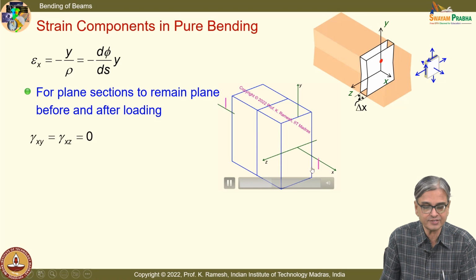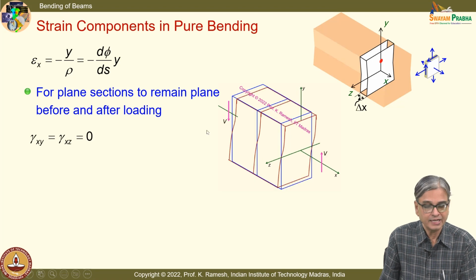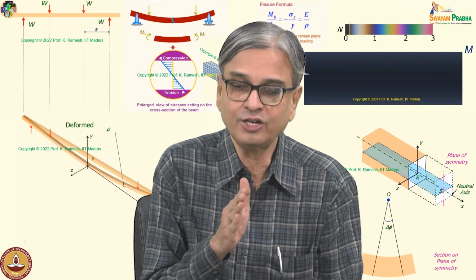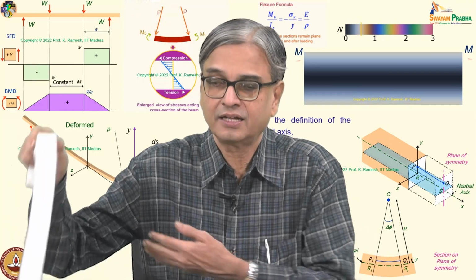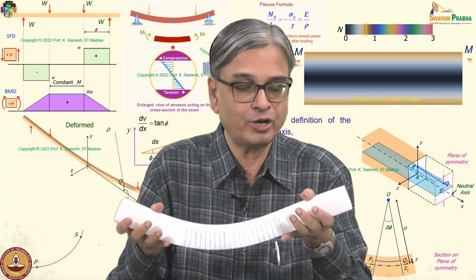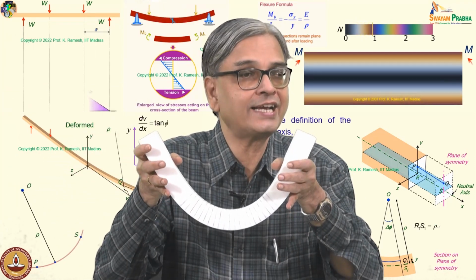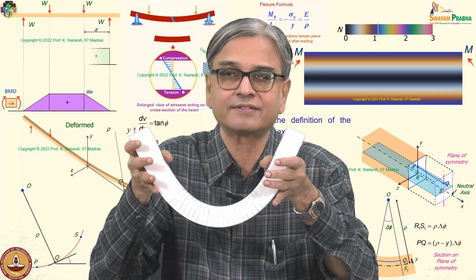Suppose I have a shear stress. When shear is varying, you will find the straight line gets deformed this way. And we have already noted, when we take a beam and apply only pure bending, the straight line still remains straight.